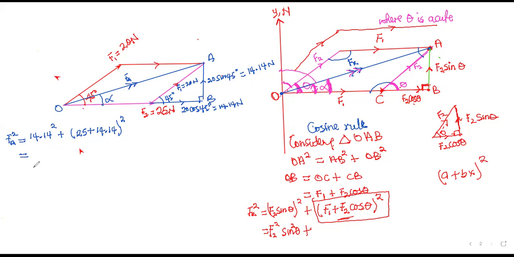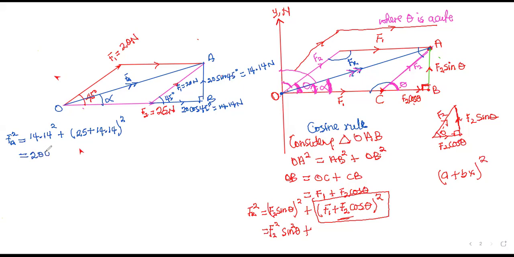14.14 squared is 199.93, so let's take that to be approximately 200.